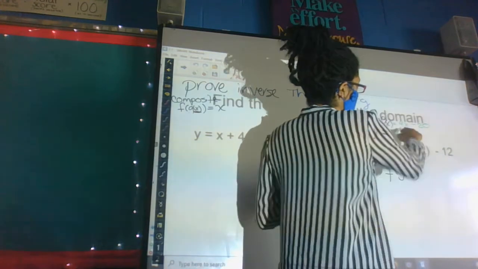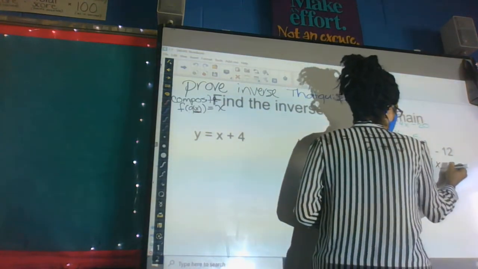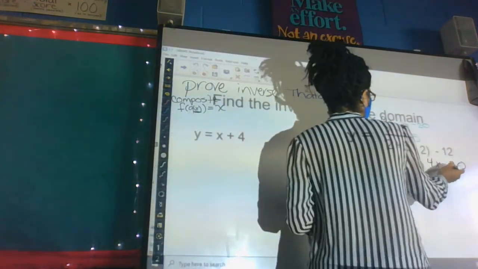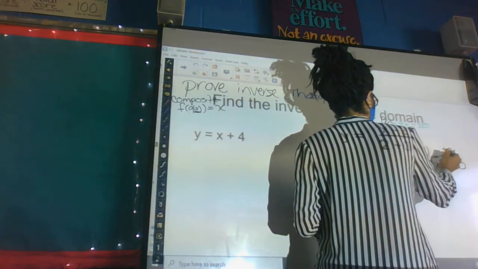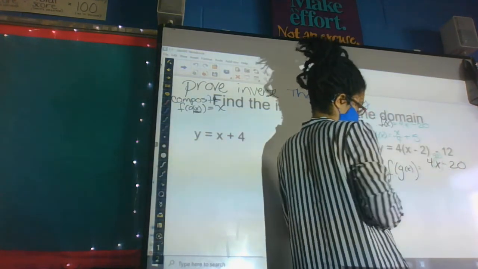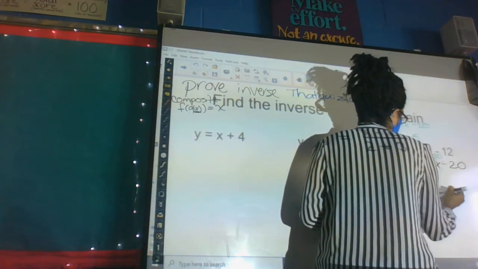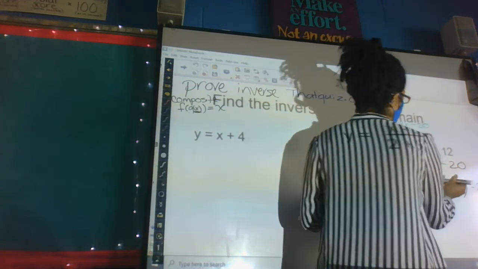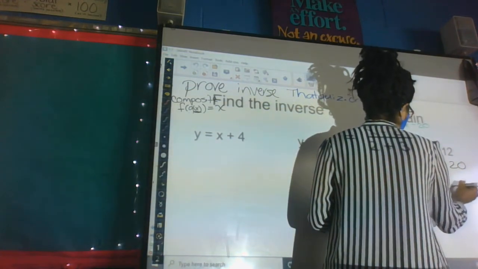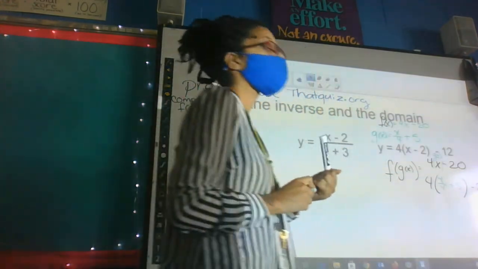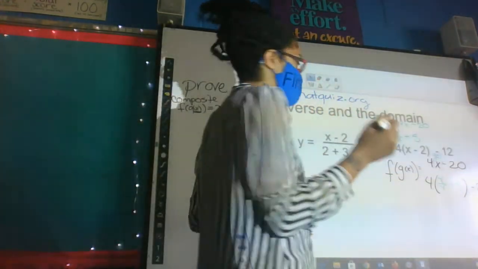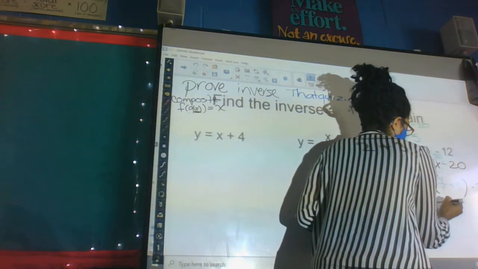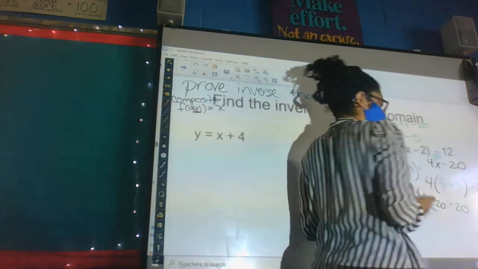So for the last one, my f function was this 4x minus 20. And instead of x, we're going to replace it with my g of x. So inside, instead of x, I'm going to have x over 4 plus 5. So then I distribute, and I get 4x over 4 plus 20 minus 20.